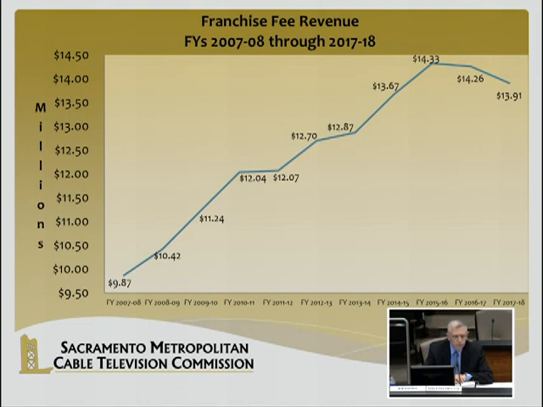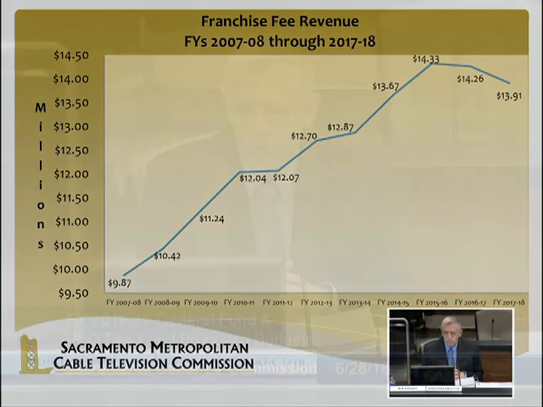That's basically due to AT&T seeming to be abandoning their UVerse platform, which is their in-the-ground service through the right-of-way, and they are more promoting their DirecTV, which is a satellite-based slash over-the-top internet product, which does not require the payment of franchise fees. So with that, we've seen a significant decline of more than 20% a year over the last couple of years from AT&T. Fortunately, Comcast revenues have still been increasing.